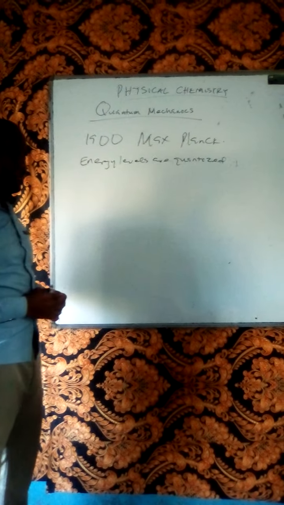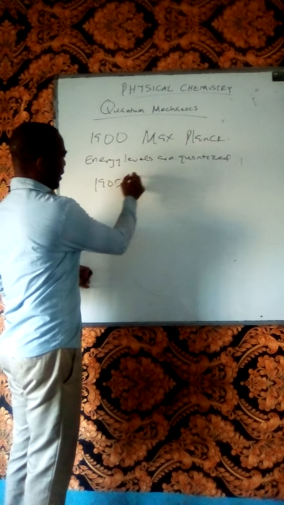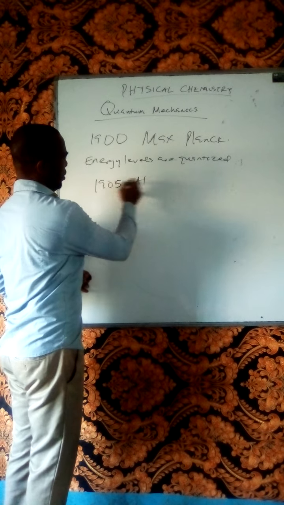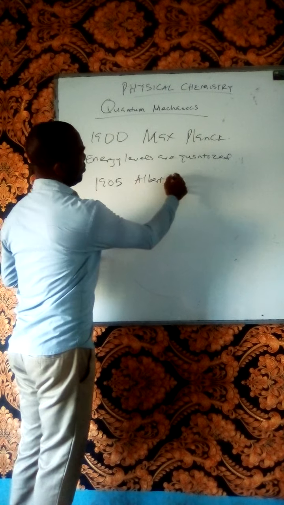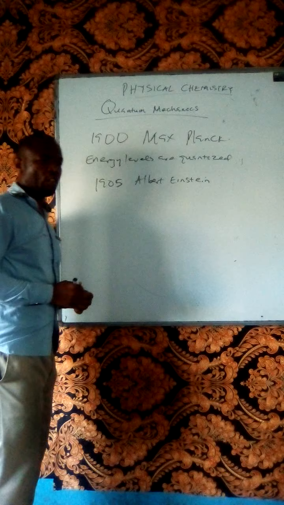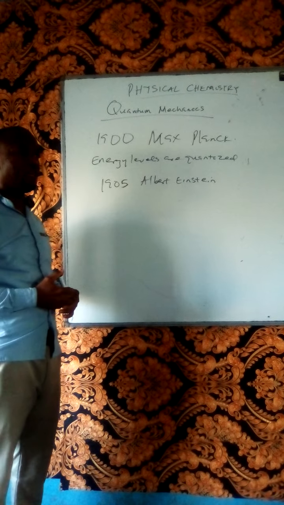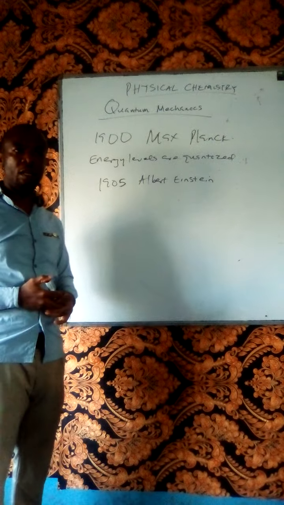After Max Planck, 5 years later, a man called Albert Einstein did similar work like that of Planck. However, Einstein did not say that energy levels are quantized.